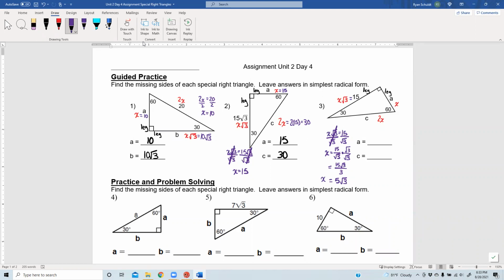Okay, so x, you are 5 square roots of 3. 2x, you are 2 times 5 square roots of 3. Now, what is 2 times 5? 2 times 5 is 10, and then just bring down your square root of 3.